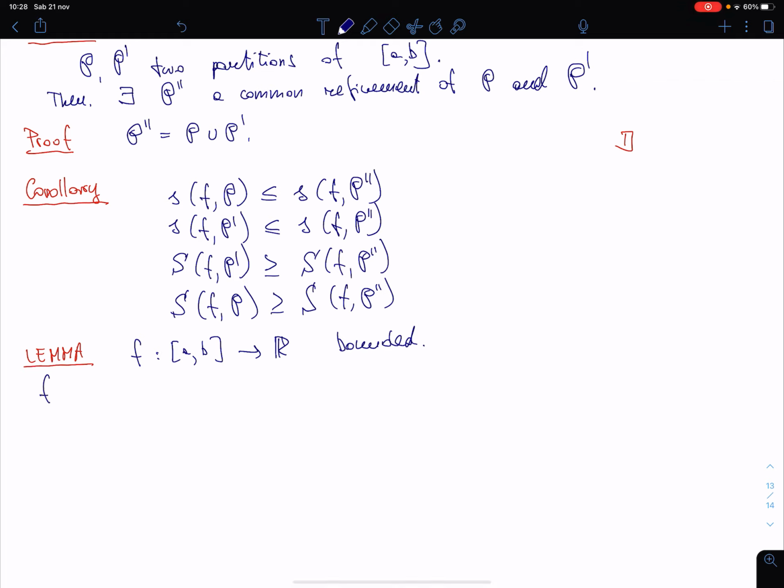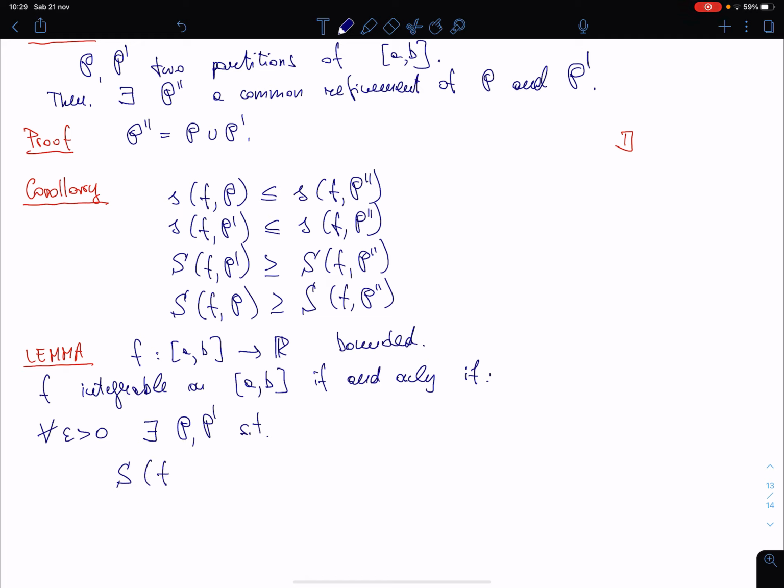Say that f is integrable on AB if and only if for every epsilon larger than 0, again epsilon emerges, strikes back, there exist two partitions P and P prime such that the difference between the upper sum of one partition and the lower sum of the other partition is less than epsilon.